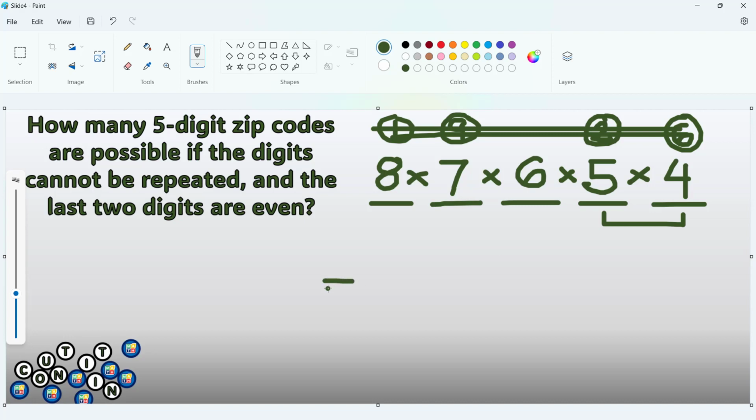So we are going to have 8 times 7 times 6 times 5 times 4. You will have a result of 6,720 possibilities. So this is the total number of possibilities for any 5-digit zip codes where digits cannot repeat and the last 2 digits are strictly even numbers.